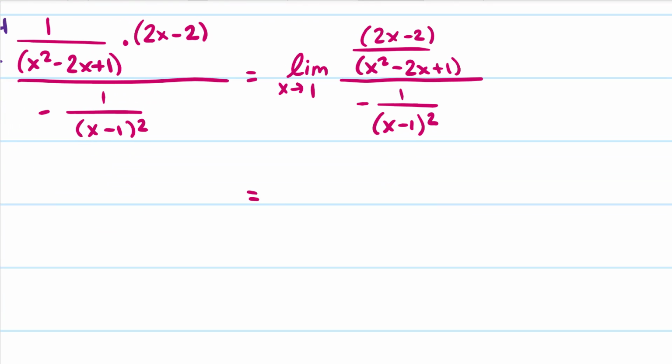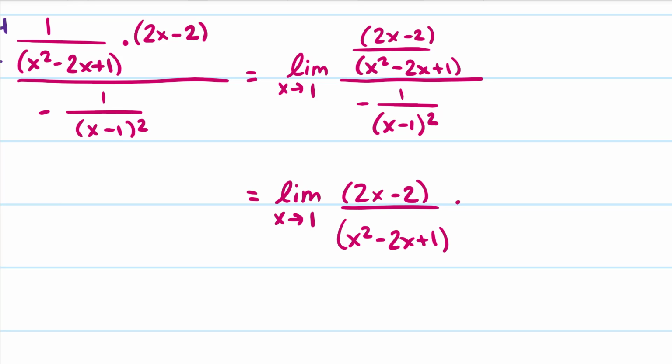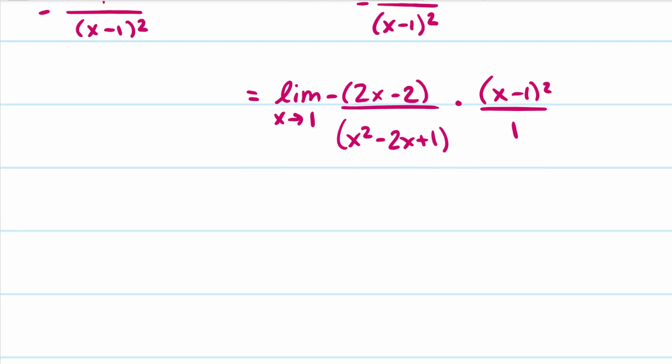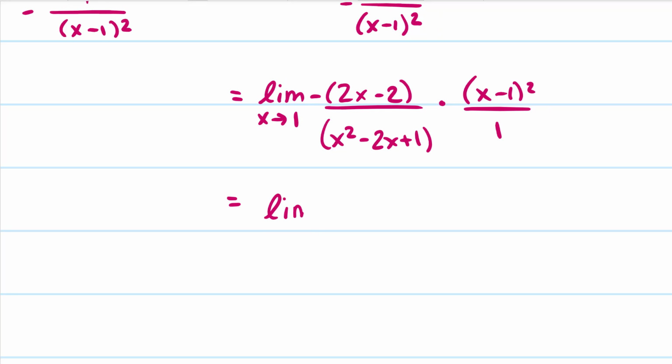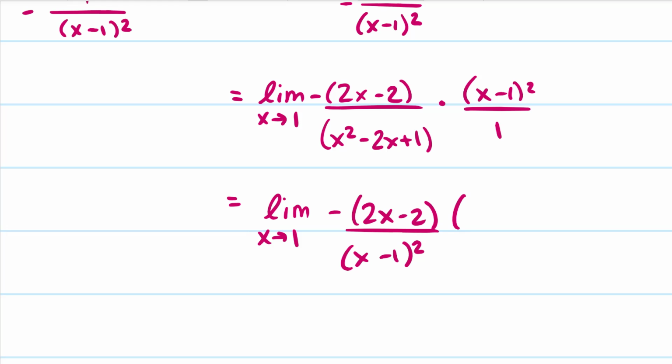And this is equal to the limit as x approaches 1 of 2x minus 2 divided by x squared minus 2x plus 1, times x minus 1 squared over 1, and put a negative in front. So this is equal to the limit as x approaches 1 of negative 2x minus 2 divided by x minus 1 squared times x minus 1 squared.